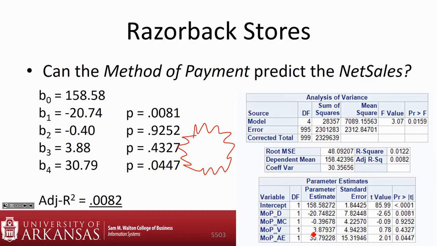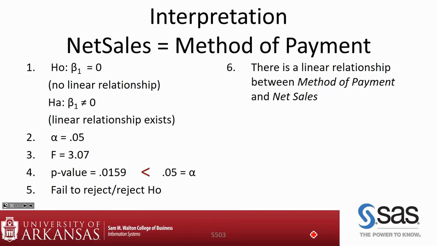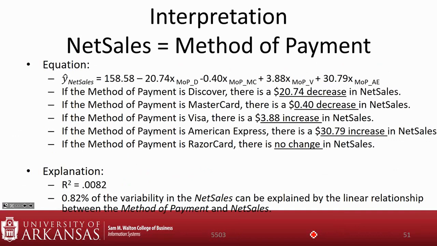But if we did pick something, right, so here, this is just one variable, significant, there is a relationship. Let's talk about how we will interpret the coefficients. So if our method of payment is Discover, then Discover's a 1, everything else is a 0.